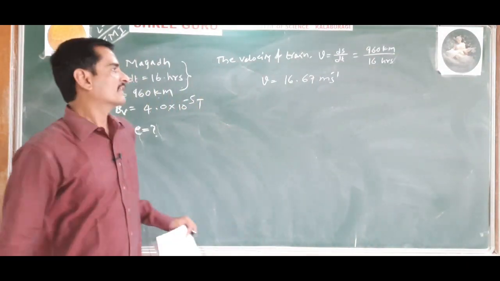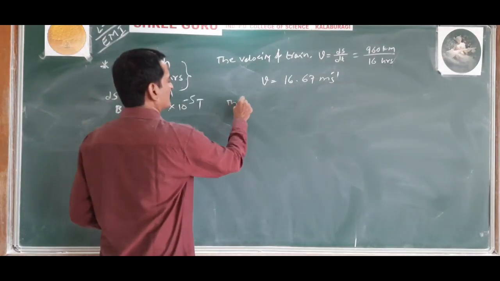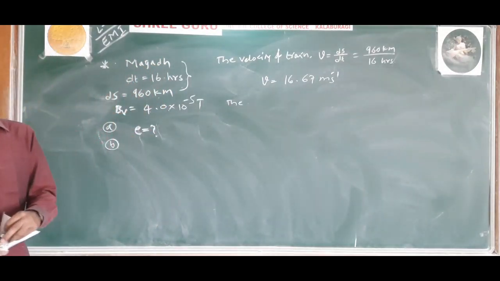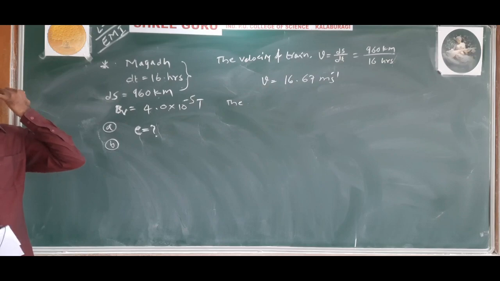The train is nothing but a conductor moving in a magnetic field, so that is nothing but motional EMF.